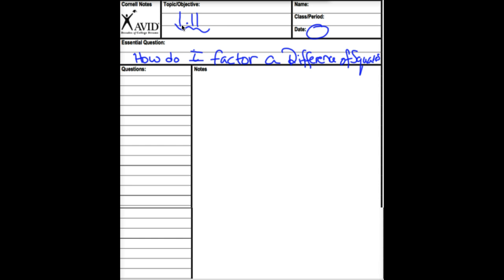So, first of all, there's a whole set of numbers that we call perfect squares, and they're created by doing 1 times 1, 2 times 2, 3 times 3, 4 times 4, 5 times 5, 6 times 6, 7 times 7, 8 times 8, and I could do that on out to infinity, and I'll have a list of what are called perfect squares.